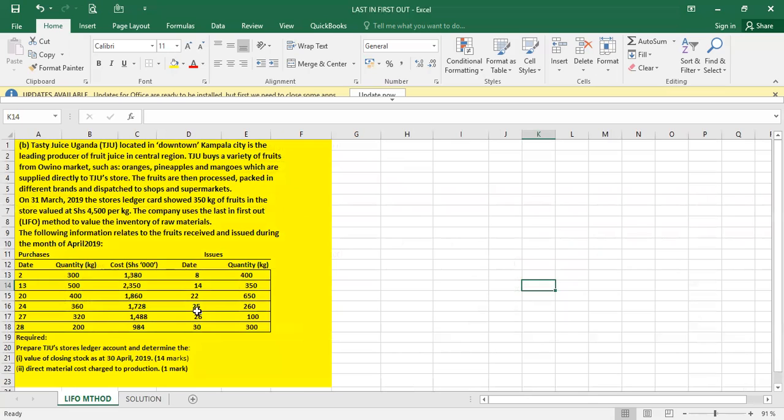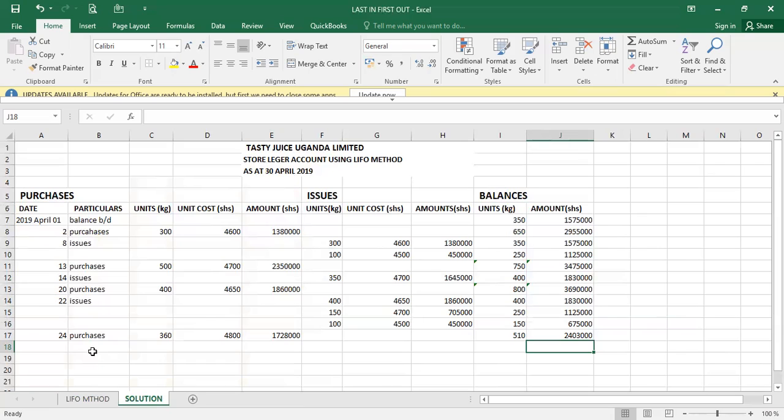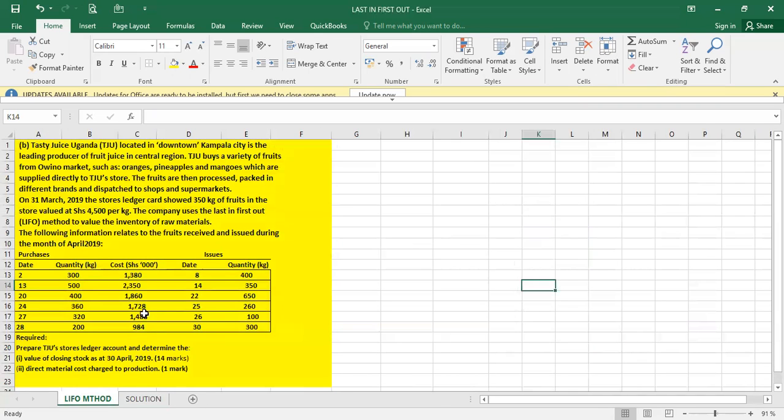Then we go to the 25th, we issued out 260. This is an issue which happened on the 25th, which is issues. We issued out 250. Is it 250? Let me check again.